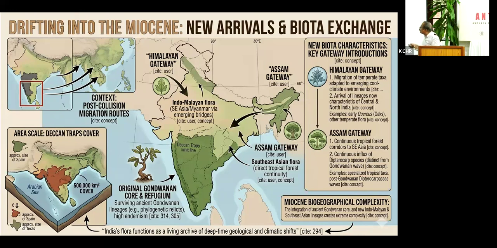So there are two kinds of connections. One is the Himalayan region. Once it collided with Eurasia, the Asian part, it connected with the Himalayan region, and the Himalaya itself got elevated.